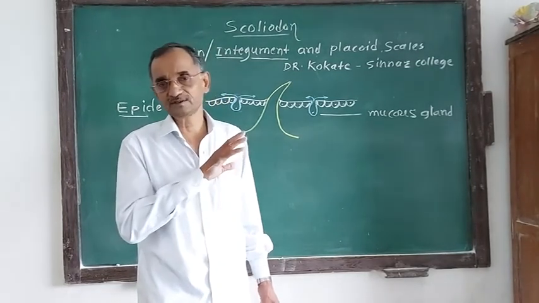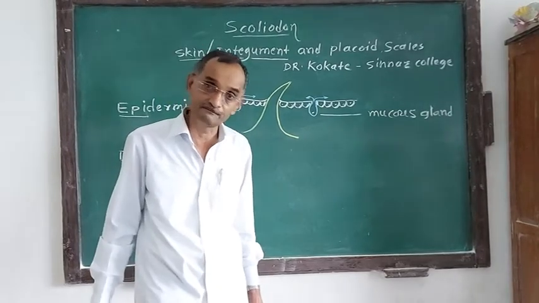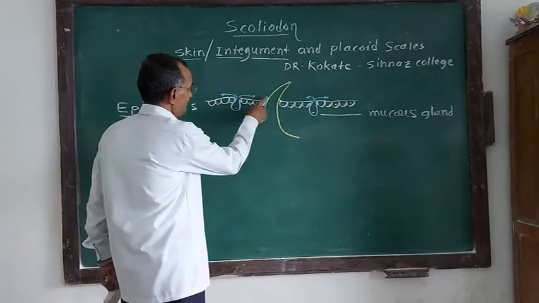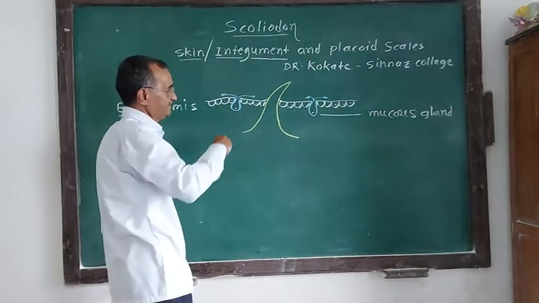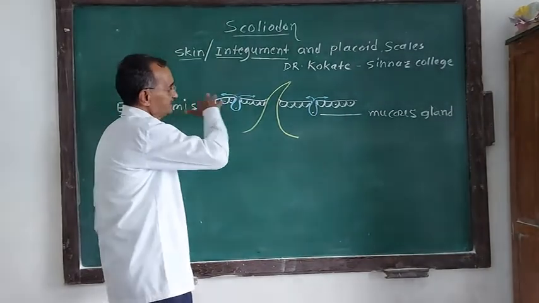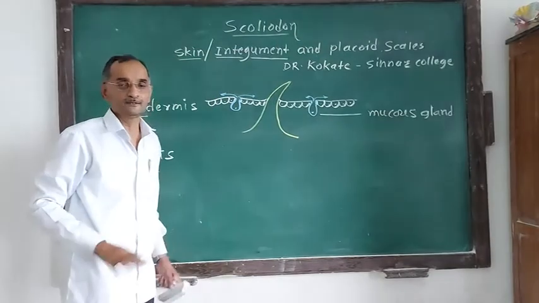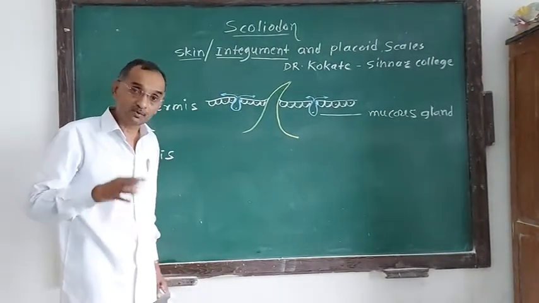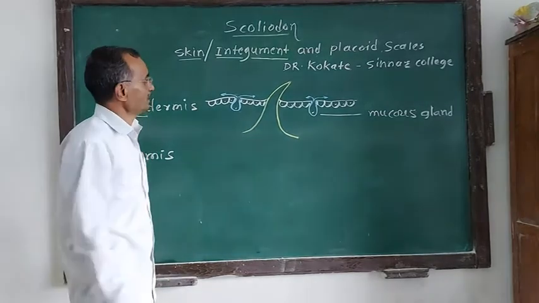The body of the fish is always very clean. The reason is that due to this mucus the body becomes slippery, and the debris present in the seawater cannot settle on the surface of the body. The body remains always clean in the aquatic media, although the water contains debris.